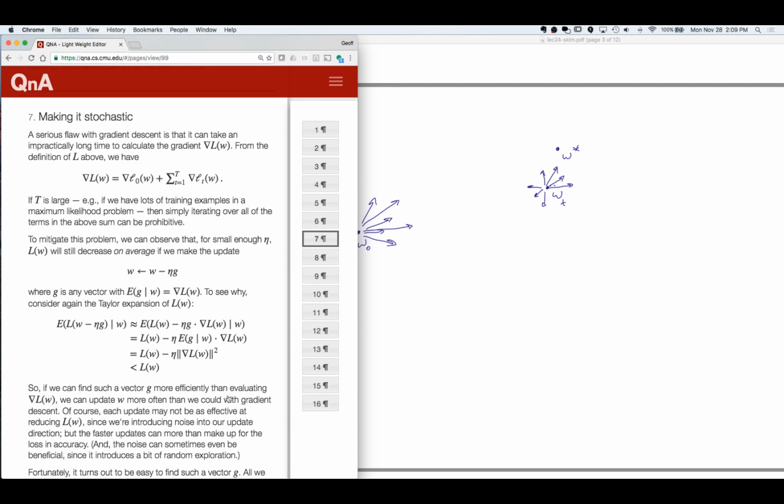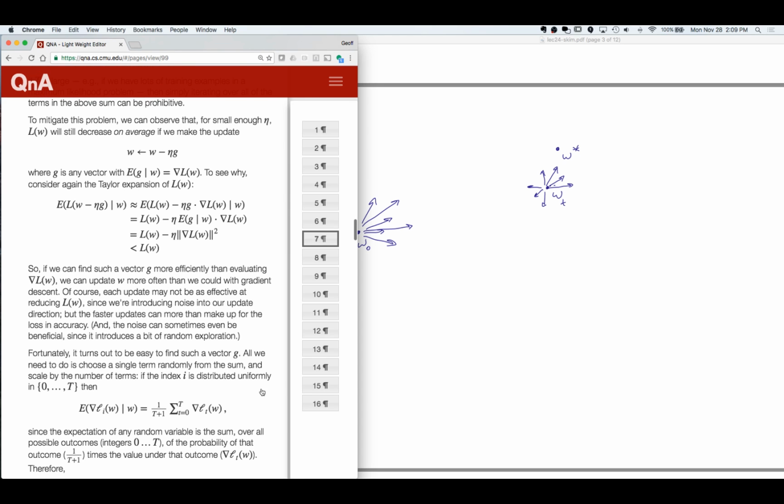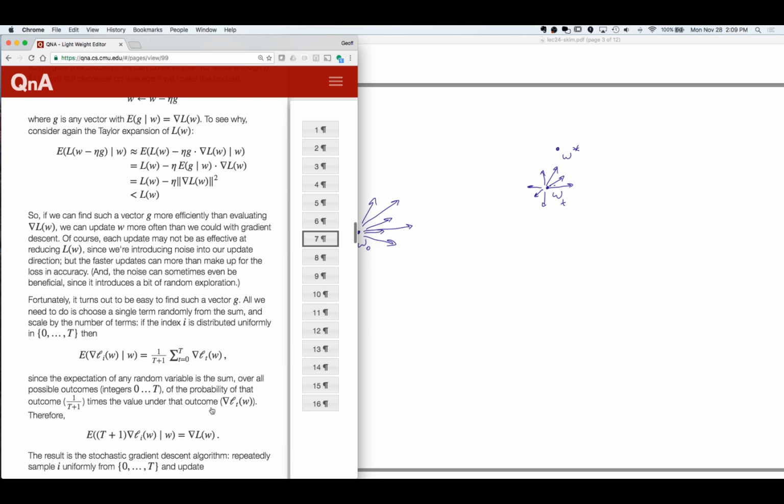If we sample a single index i uniformly in 0 through t and take the gradient of Li of W, then this derivation shows that the expected value of that, if we scale it appropriately, is the full gradient, right? And then this derivation up here shows that it's enough to have a noisy sample of the gradient, right?